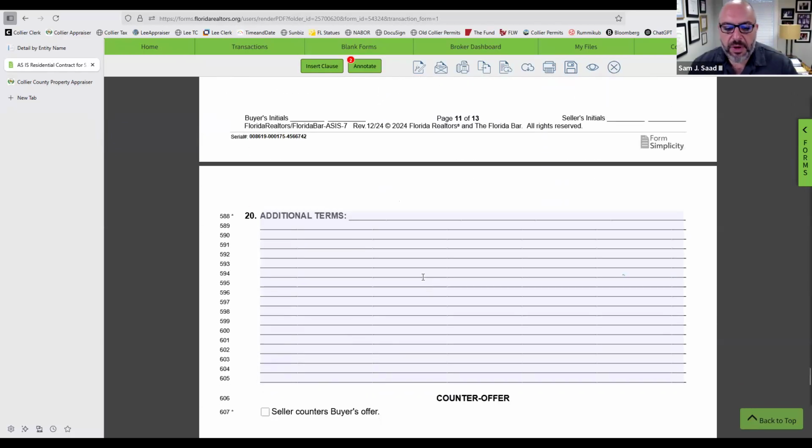Okay. We aren't going to have any additional terms today because as non-lawyers, we don't want to fill in additional terms without talking to an attorney because we don't want to have an unlicensed practice of law claim later. If you do need additional terms, there's usually an addendum for it.